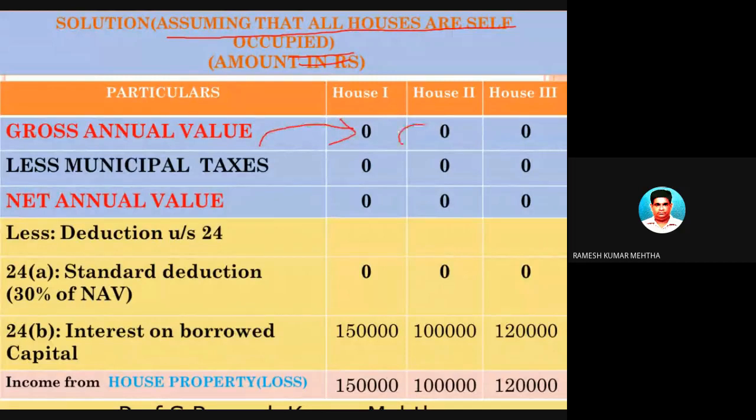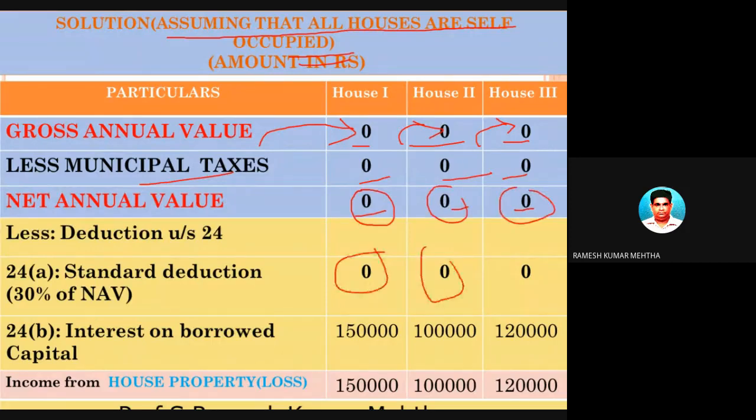So the gross annual value is zero: 0, 0 and 0. Municipal taxes are 0, 0, 0, so 0 minus 0 is 0 in all the cases. Standard deduction of 30% on gross annual value, which is 0 in all the cases, is 0.